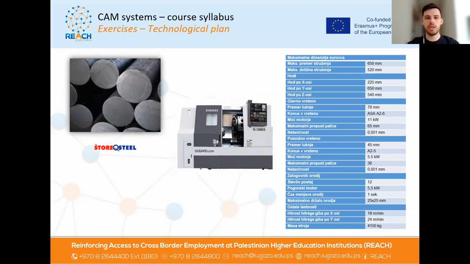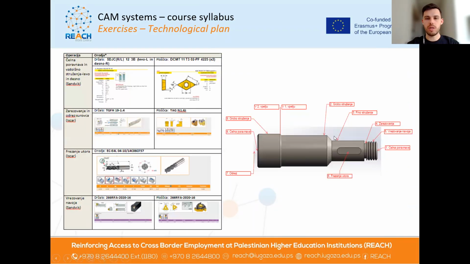Afterwards, they are selecting all the materials. I'm sorry, not the materials, all the cutting tools. So they will have this CAD model, and they will then think, okay, which operations should be done first.